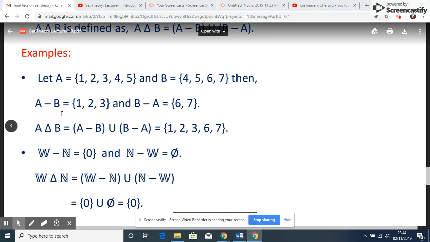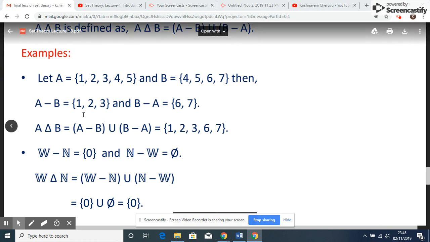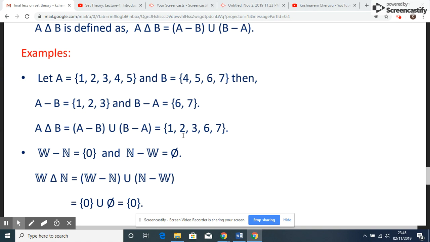When we write A minus B, it is the set of elements which belong to A and which do not belong to B. B minus A is the set of elements which belong to B and which do not belong to A. So now if we write the union of A minus B and B minus A, it is the set of elements in A minus B or in B minus A or in both.